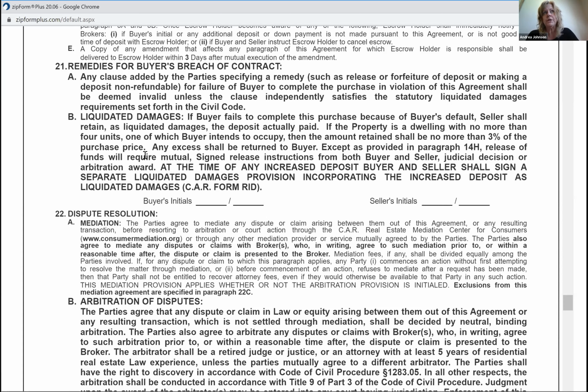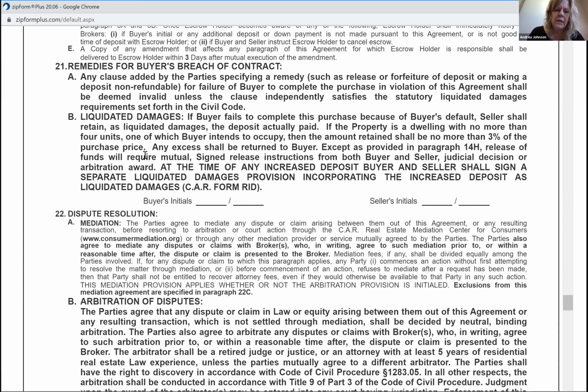So if you have a situation where, for one reason or another, the buyer is putting down a smaller earnest money deposit with a promise to do an increased deposit a certain number of days later, let's say, again, the example we talked about yesterday, the seller closes on their sale transaction and now has extra funds to put in a more reasonable or acceptable earnest money deposit, Form RID needs to be executed at the time of the increased deposit, and that will incorporate the increased deposit into the liquidated damages clause.